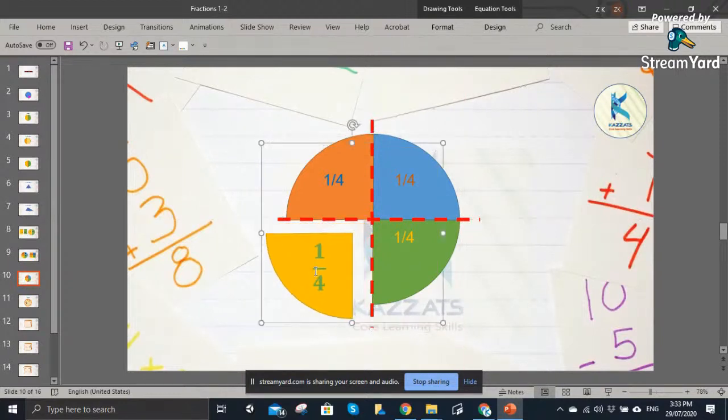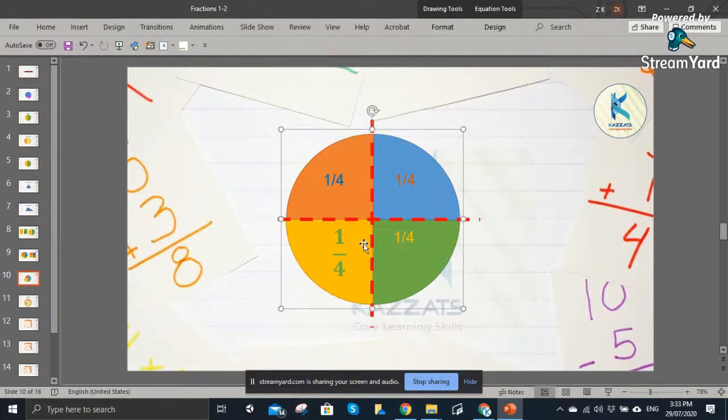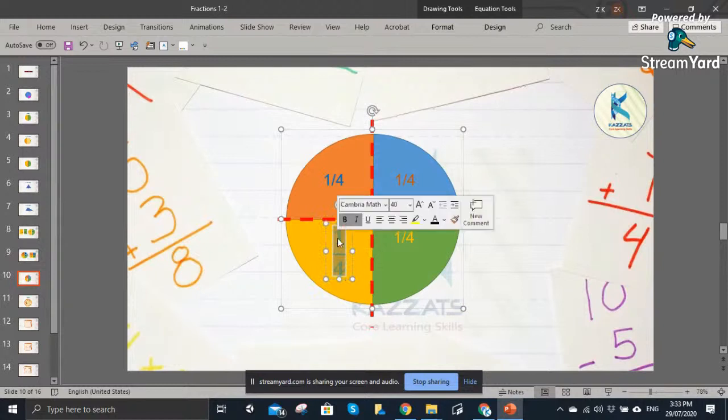Because we are talking about one part, there are 4 parts, 1, 2, 3, 4: 1 yellow, 1 orange, 1 blue, and 1 green. So the denominator is 4, and as we are talking about the yellow part at the moment, the numerator is 1.